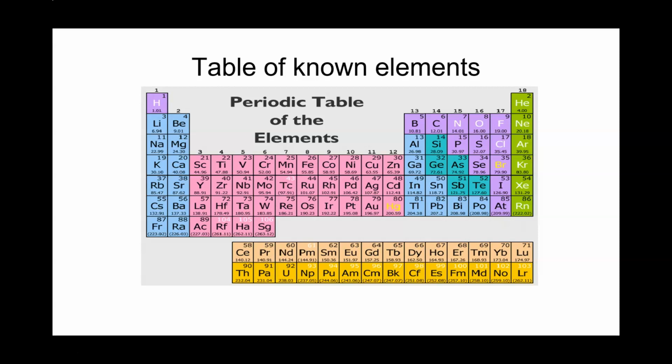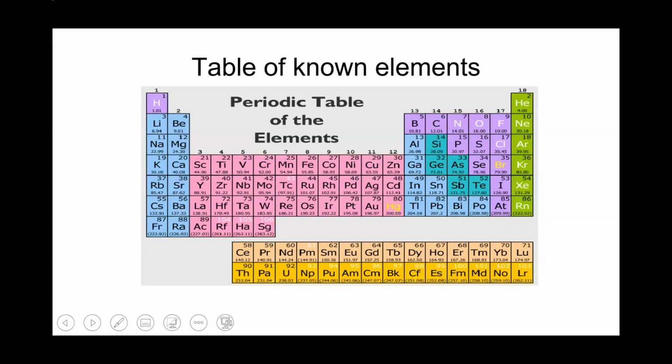Some of these elements you're familiar with or have at least heard of before. Things like gold and silver and iron are elements, and so are things like potassium and calcium and carbon and nitrogen and oxygen.